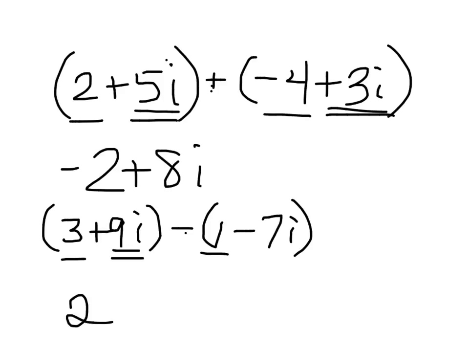What's 9i minus negative 7i? 16i. And again, two negatives on that would have made it a positive. That's why we got 16 rather than 2. Okay. That would be another easy one, right? That was number 9.